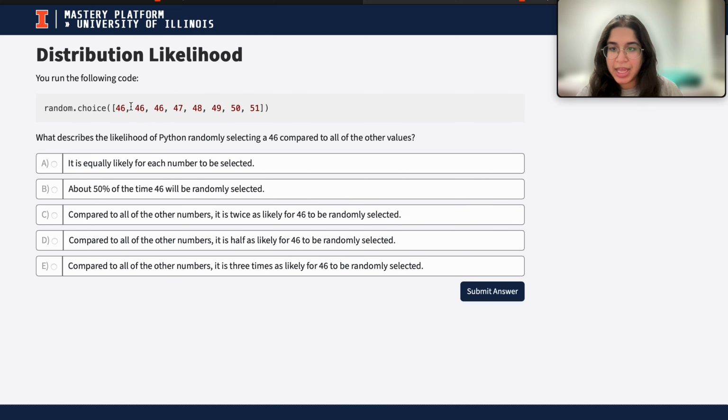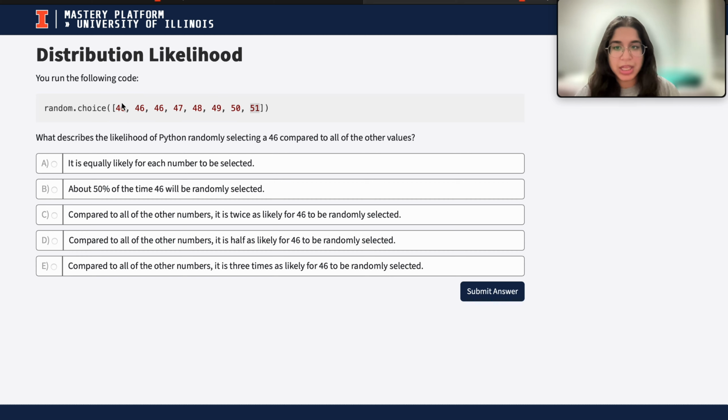If we do another instance of this, we can see the likelihood of Python randomly selecting a 46 compared to all the other values. Well, there are going to be 8 possible values here, and 46 occurs 3 times, and all of these other numbers occur once.